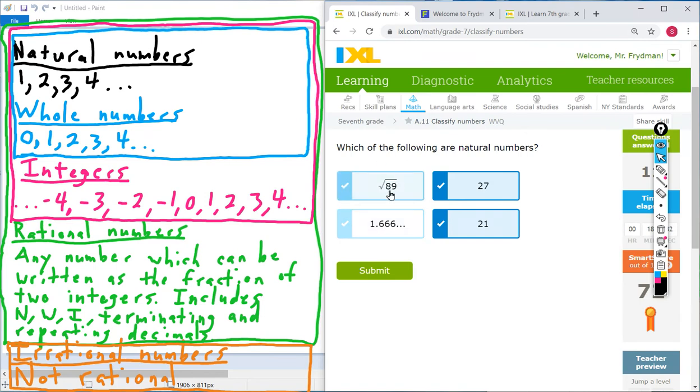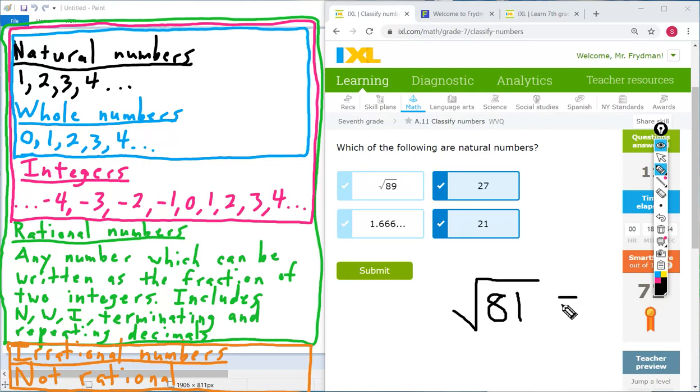Now you have to be careful. Just because we're taking the square root of a number, it doesn't necessarily mean that it's not a natural number. So for example, what if I wanted to take the square root of 81?